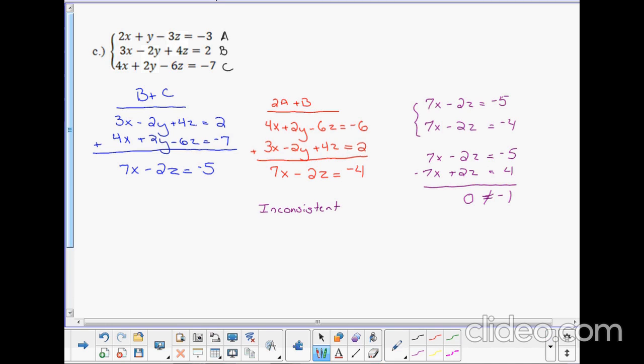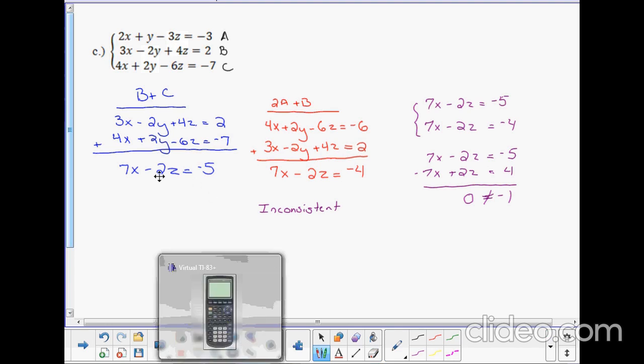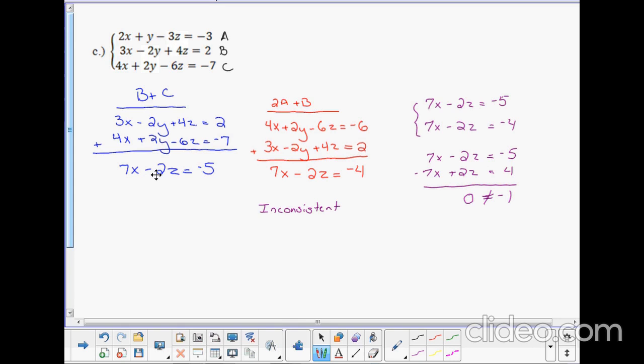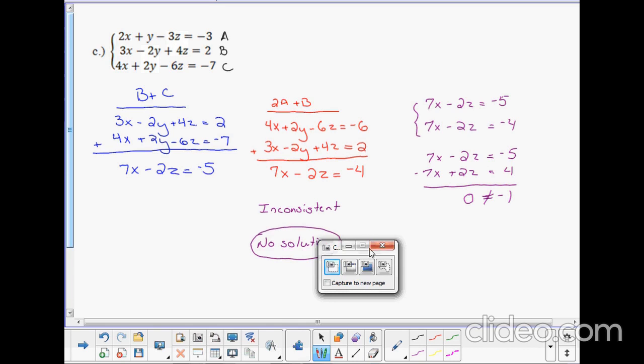We saw this in the last target where we had two lines that were parallel to one another. That's essentially what 7x minus 2z equal to negative 5 and 7x minus 2z equal to negative 4 would be, two parallel lines. And so in this case, there is not going to be a solution. Not all systems of equations are going to have solutions. So here we have an example of an inconsistent system that has no solution.